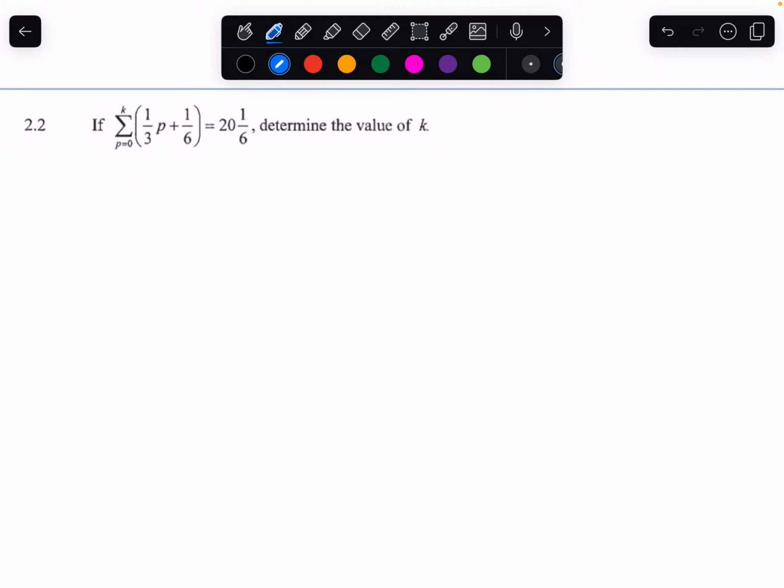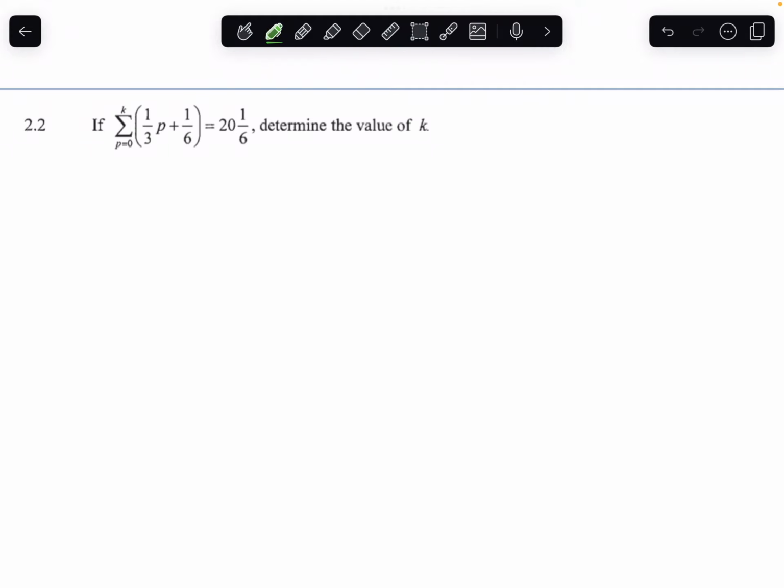So the first thing you want to do with questions like this is to expand the sigma notation. You do that by just replacing p with the whole numbers 0, 1, 2, 3, up until k, whatever k is.